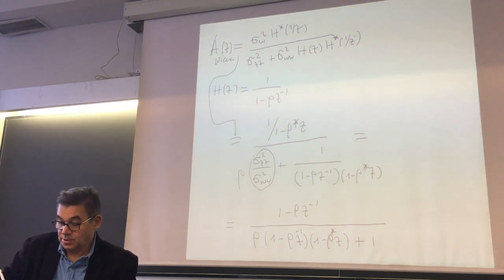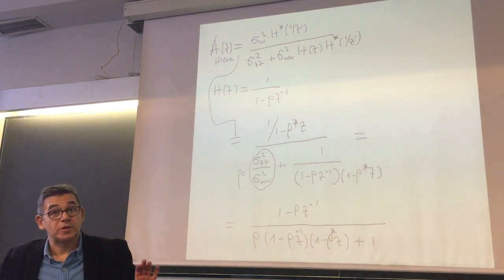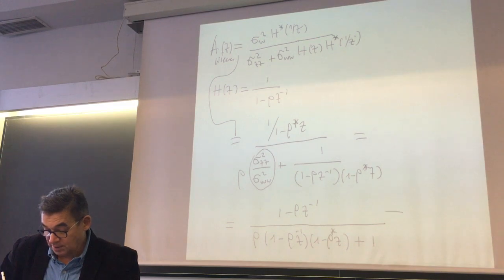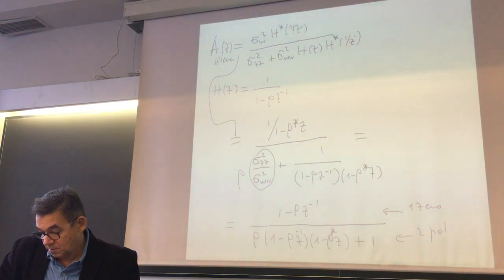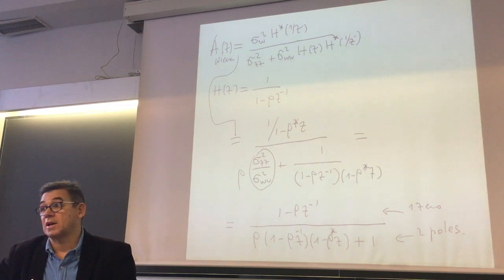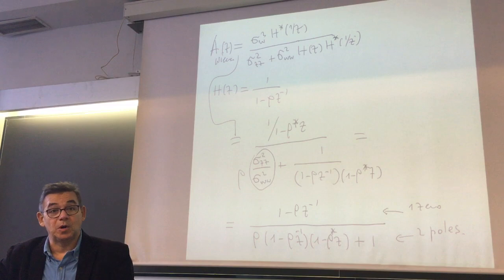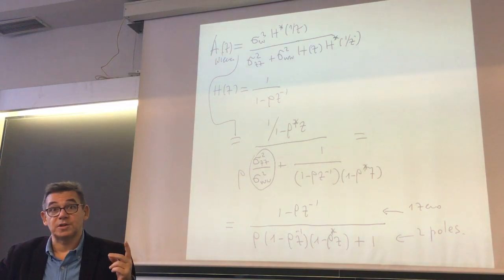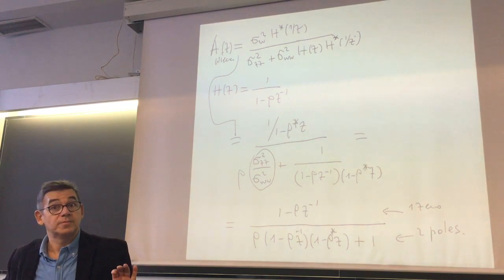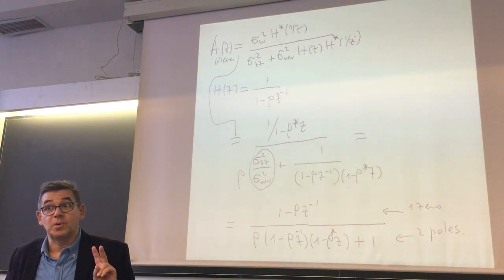So now this is the optimal filter. This optimal filter contains one zero and two poles. These two poles are one inside and one outside of the circle. Since I have two poles, the impulse response is infinite.